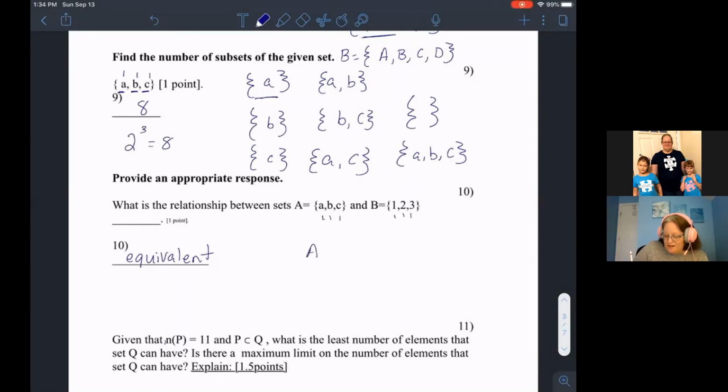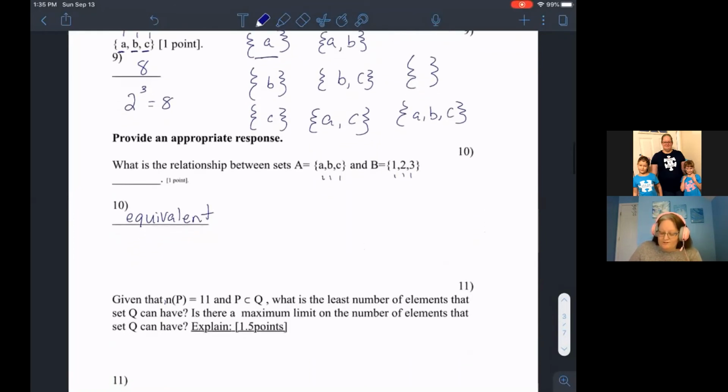So like say A had A, B, and C, and B had A, B, and C. They would both be equivalent and equal because they both had the same number. And being equal means they have the same elements as well. But this one is equivalent because they're not the same elements. They're just the same number of elements.